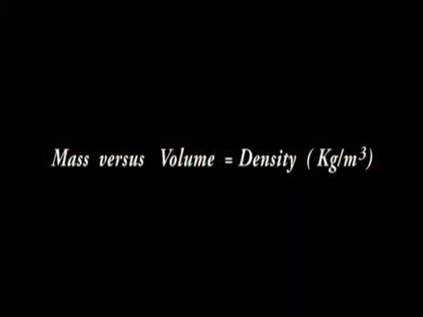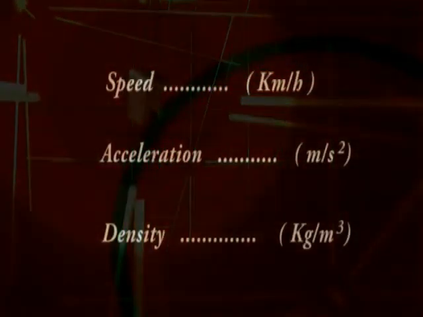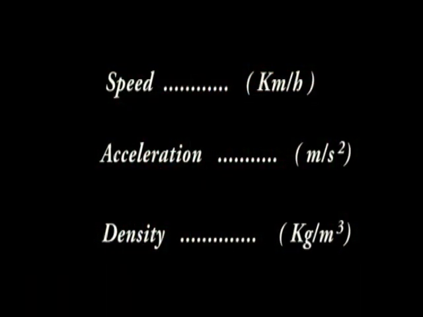The rate of change of mass with volume is called density. The units of rate depend on those of the two quantities in question, that is, kilometers per hour, meters per second squared, kilograms per meter cubed, and so forth.